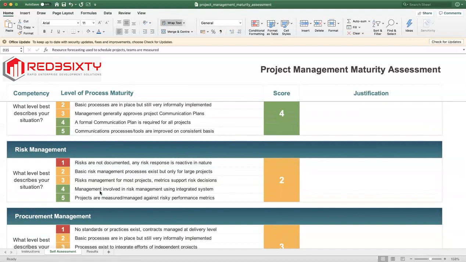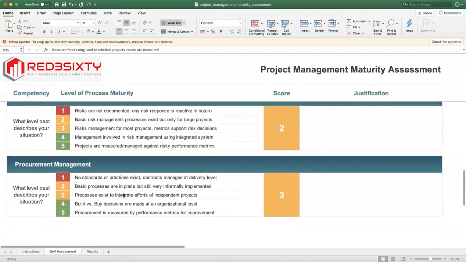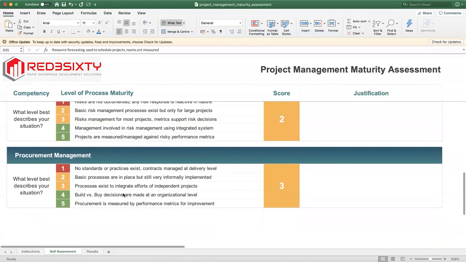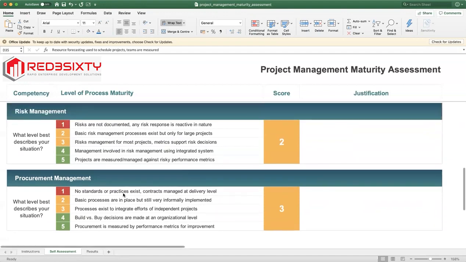So when it comes to risk management, are risks not documented? Basic risk management process in place, risk management for most projects, and there are metrics available. Management is involved in risk management. So again, looking at risk management and then ultimately procurement. So how are elements being bought within there? Is there a costing process? Is there an application process in place?